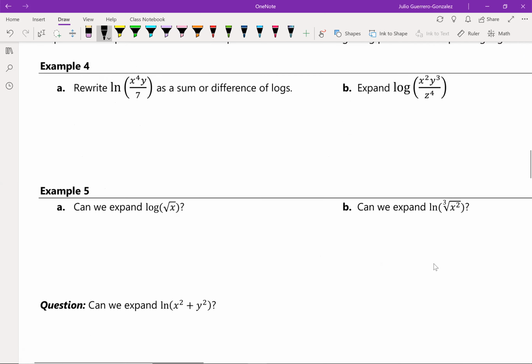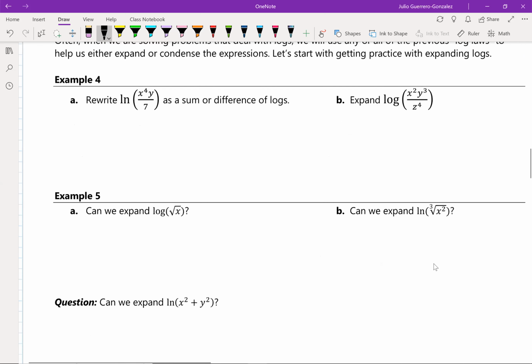We can use these to expand stuff. Same thing as before. There's a top and there's a bottom. So ln of x to the 4th times y, minus ln of 7.